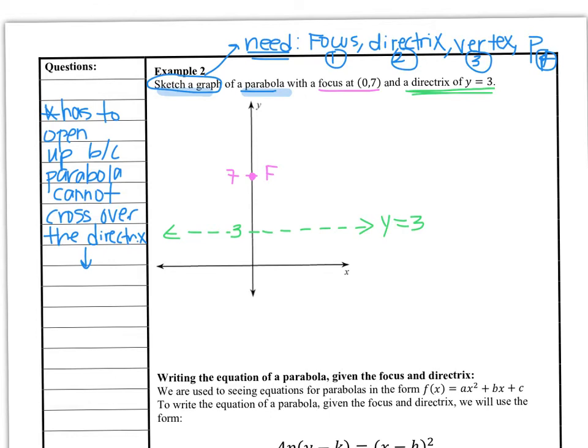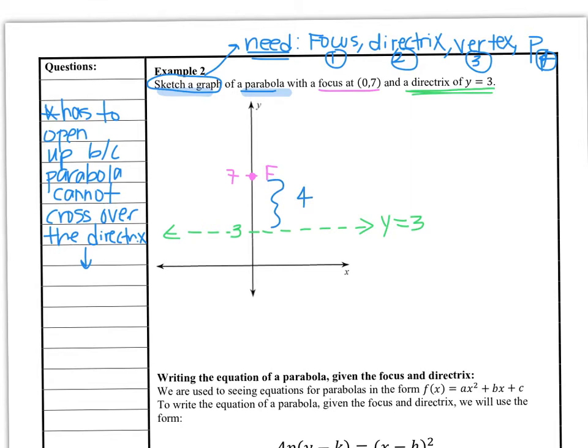Now the next thing we need to do is find the vertex. The vertex is going to be halfway between your focus and your directrix. The whole distance between your focus and your directrix here is 4 units. Between 3 and 7, if you subtract them, you get 4.